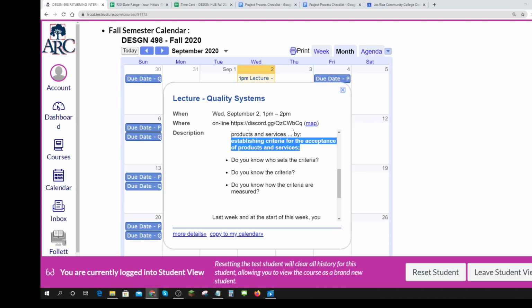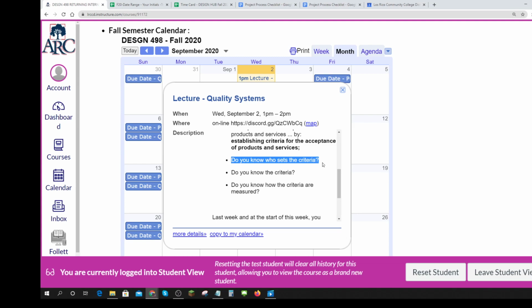Okay, so you're doing the work, so you got to know it somehow. So, do you know who set the criteria? Now, you might or you might not, but somebody is giving you your criteria that you're working to. And you need to at least know that, at the very least.